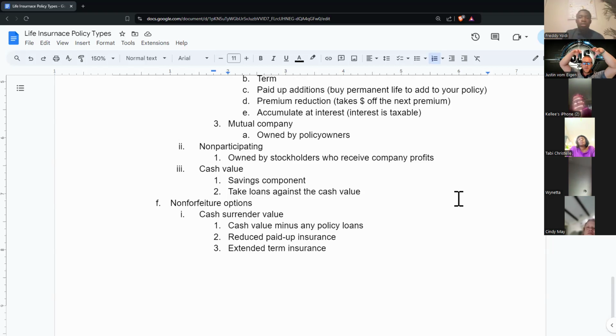So you take the face amount of the whole life policy. Say we have a $100,000 whole life. It has $10,000 in cash value. So do this, 100K whole life, 10K in cash value.